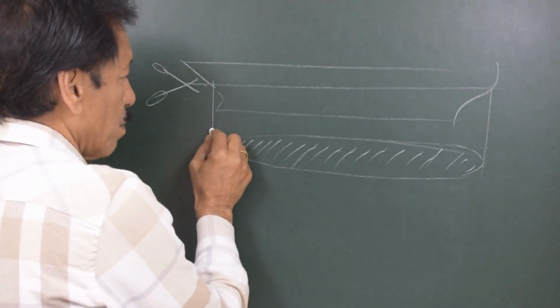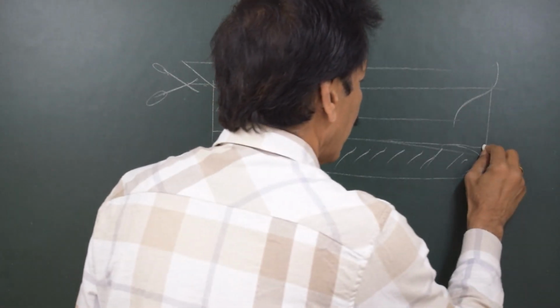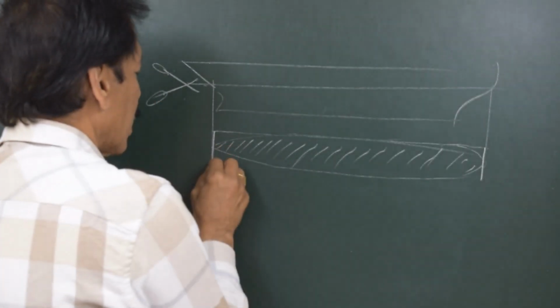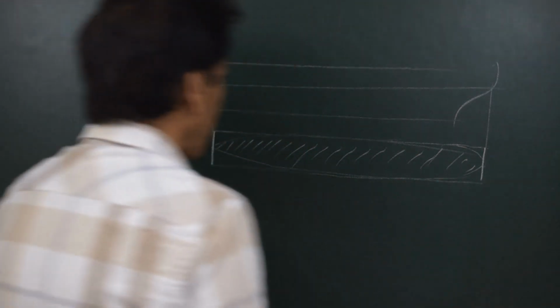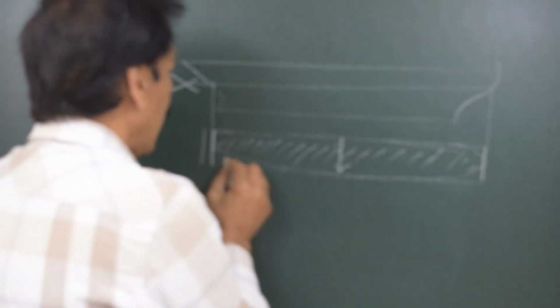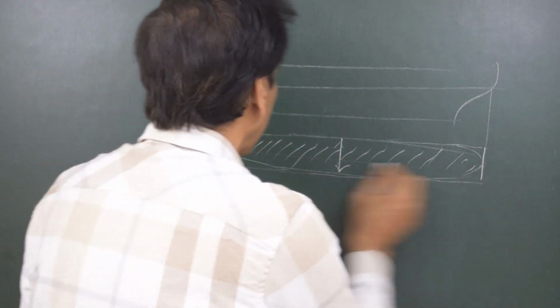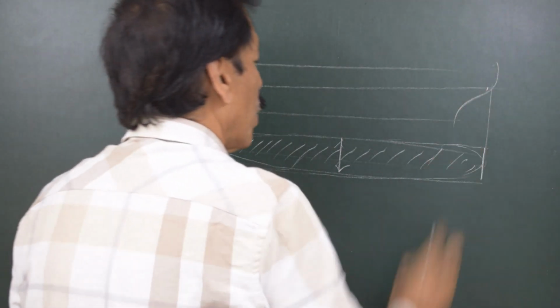So if I want to enclose this water plane area in a rectangle that is just fitting the water plane area, that means the breadth is equal to the maximum breadth and the length of the rectangle is the length of the water level over here.